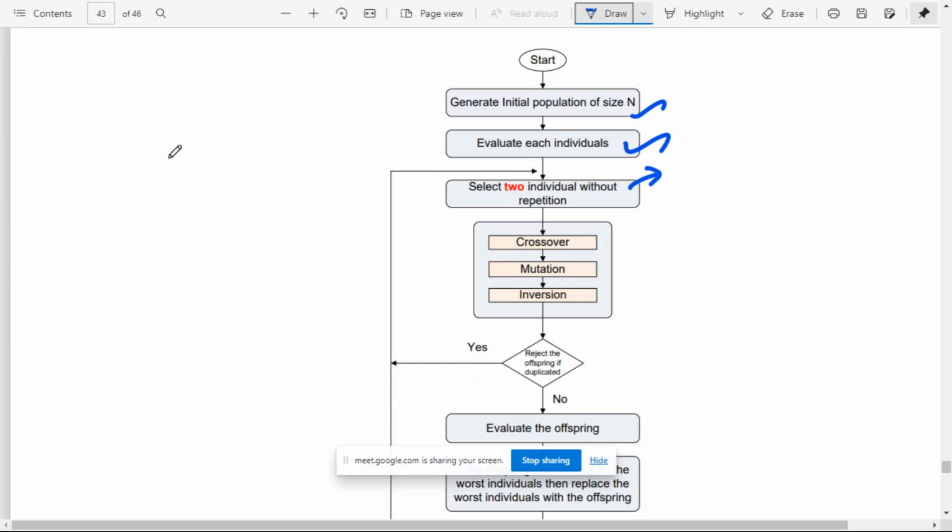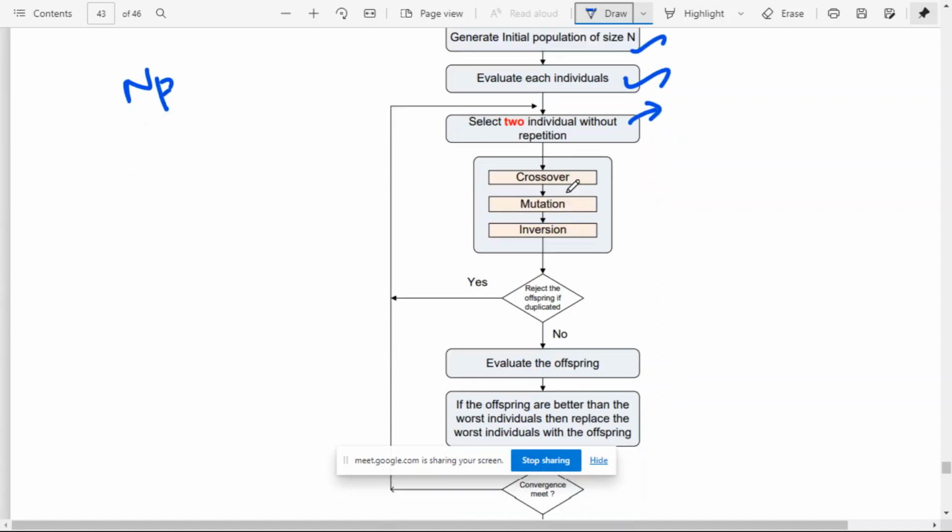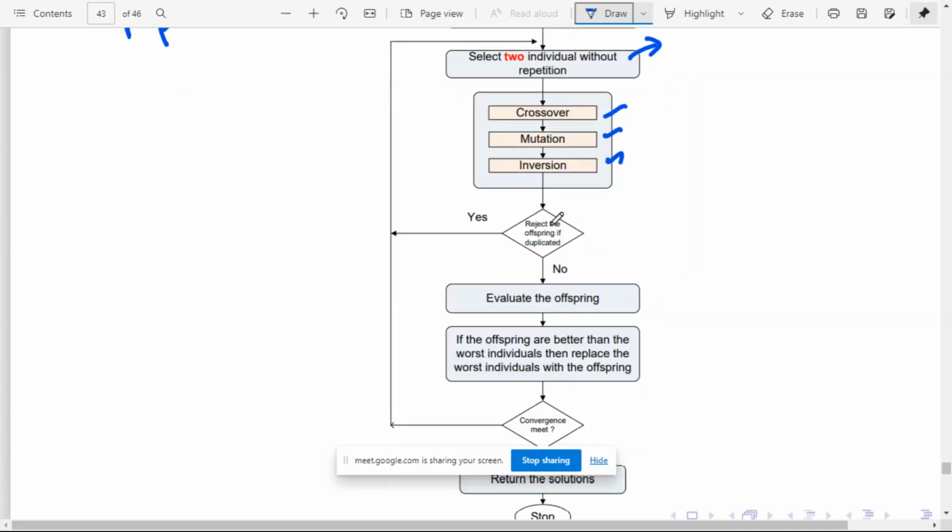Whereas in simple GA, if you remember, we select NP individuals with good fitness scores, here we select only two individuals. For these two individuals, we perform crossover, mutation, and inversion.